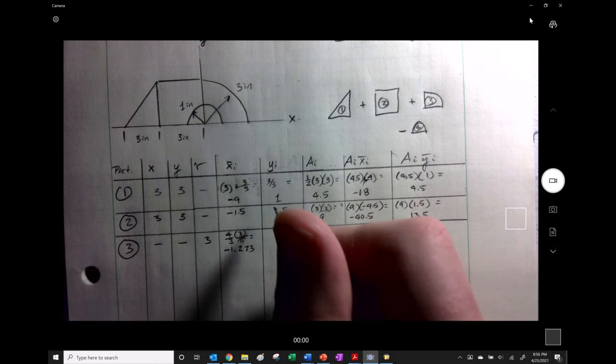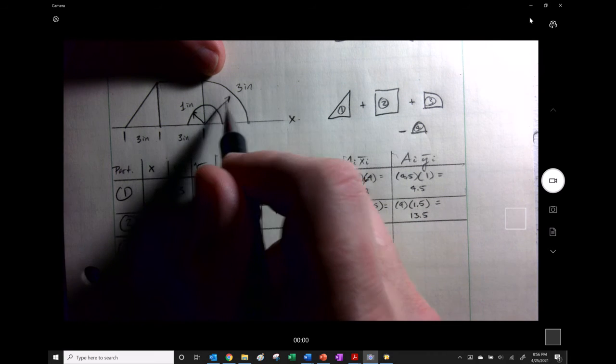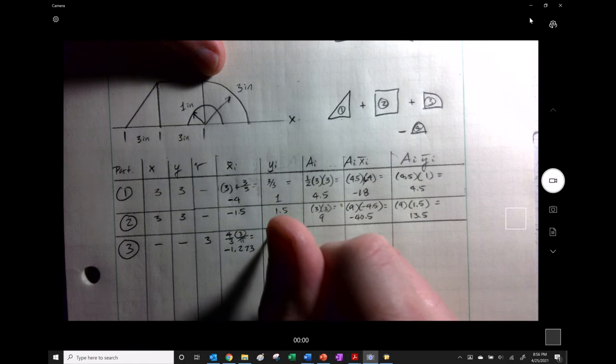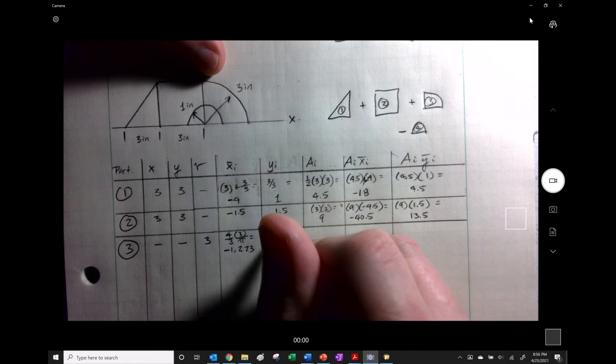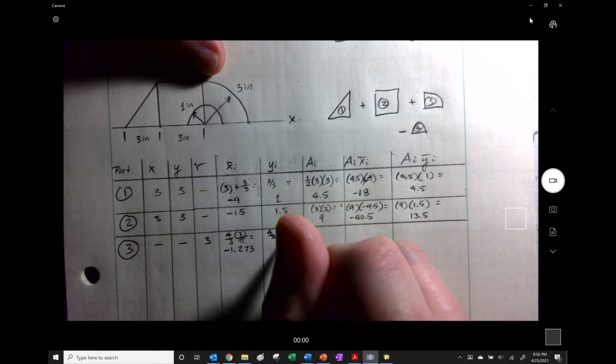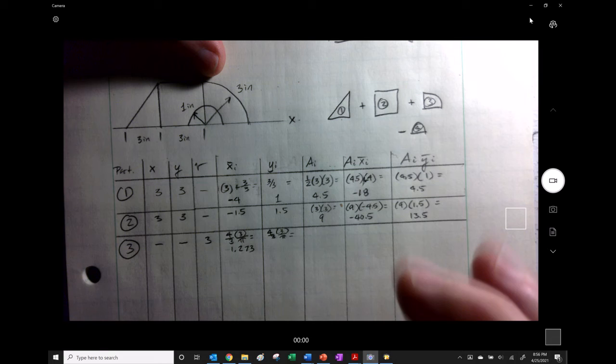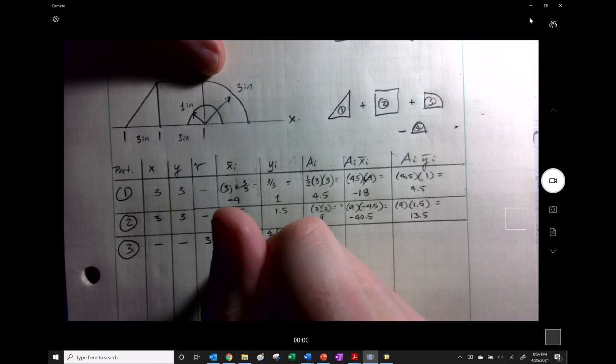And this is actually going to be the same thing, right? Because it's over and up, yep. So 4 over 3, 3 over pi. Why did I put a negative? I just said it was not negative. I don't know.